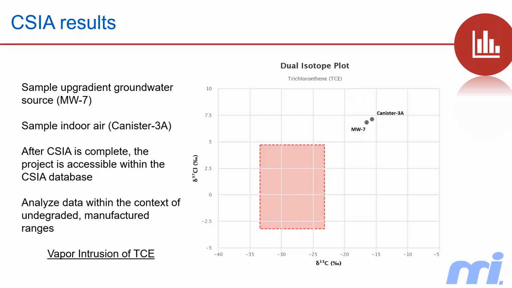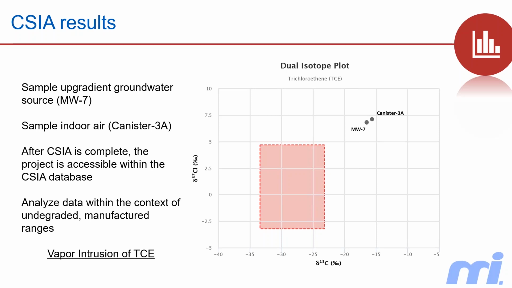And this is what the data came out to look like. Our sample from the upgradient groundwater source is slightly less degraded than our indoor air sample. So again, our indoor air sample is outside the manufactured range. Automatically, that should be a red flag to us that there's not an internal source and that there's a good chance that vapor intrusion is the source.